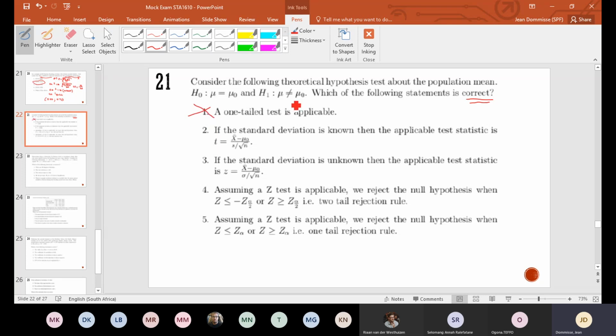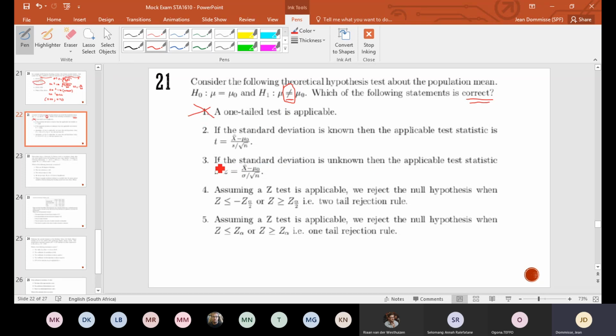No. Why not? Because if it is not equal to, we basically have a top and a low, so it will be a two-tail. So whenever you see that, it is two-tail. So option 1 is incorrect.